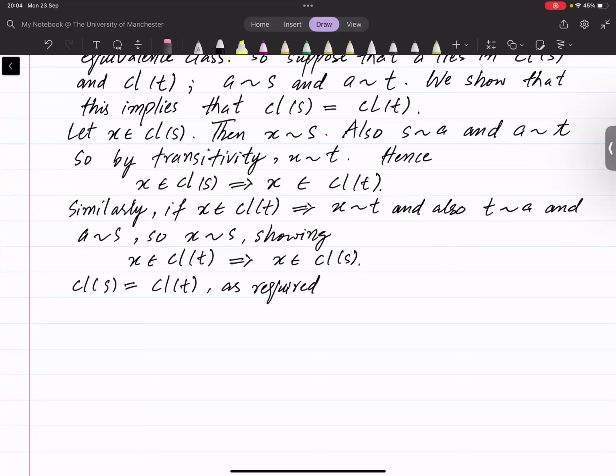So every element inside the equivalence class of S is inside the equivalence class of T.